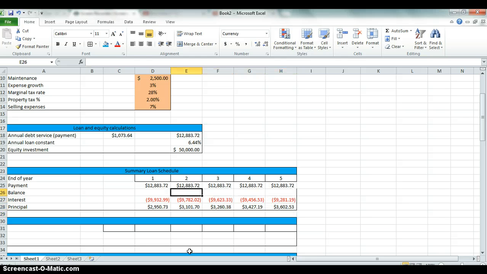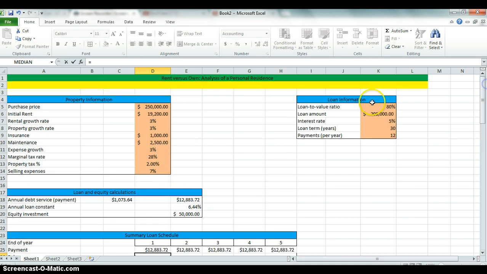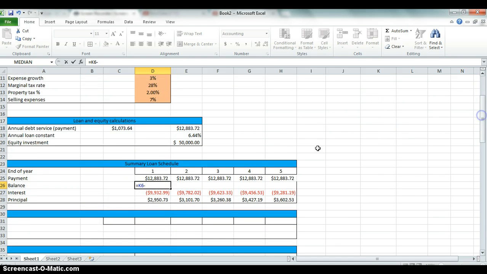Now for our balance, what we're gonna do is, for our balance in the first year, we will have our loan amount minus what we have paid in principal. For year 2, we will have the remaining from year 1 minus what we paid in year 2.